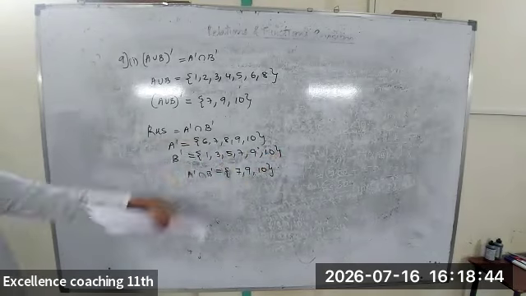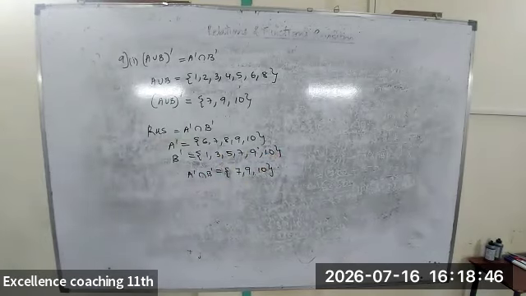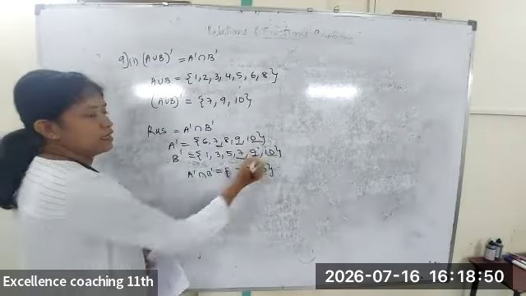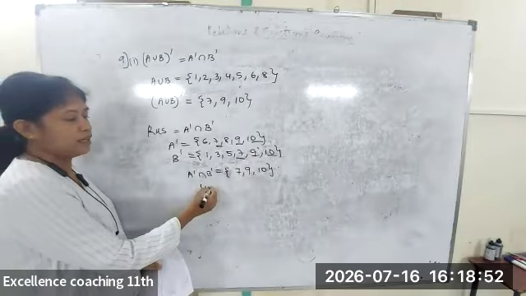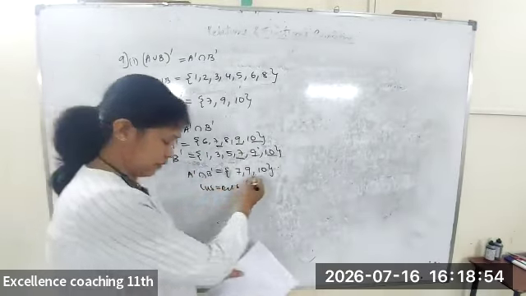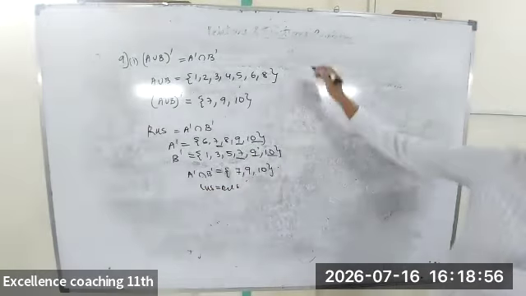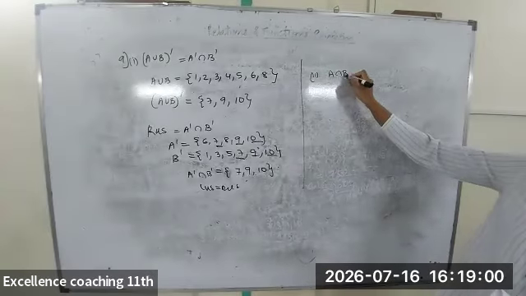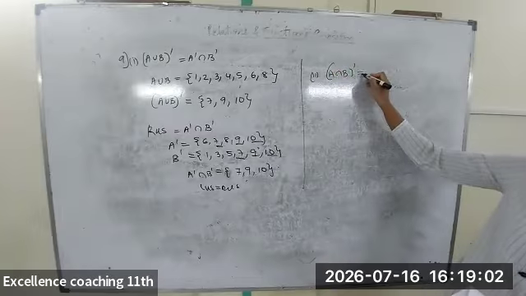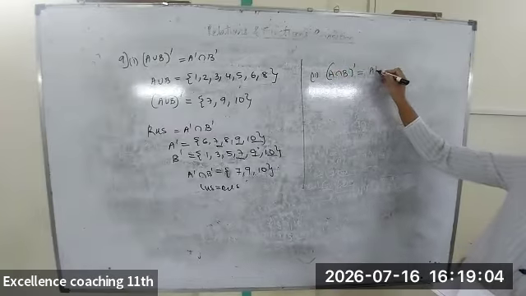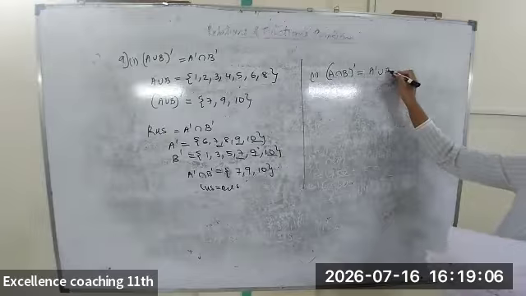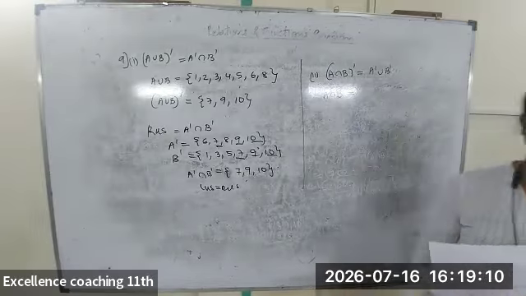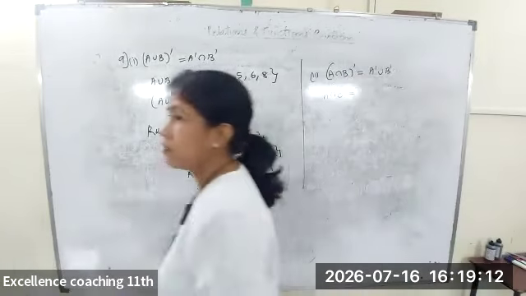You should get the same, 7, 9 and 10. Both should be the same. 7, 9 and 10. Done?